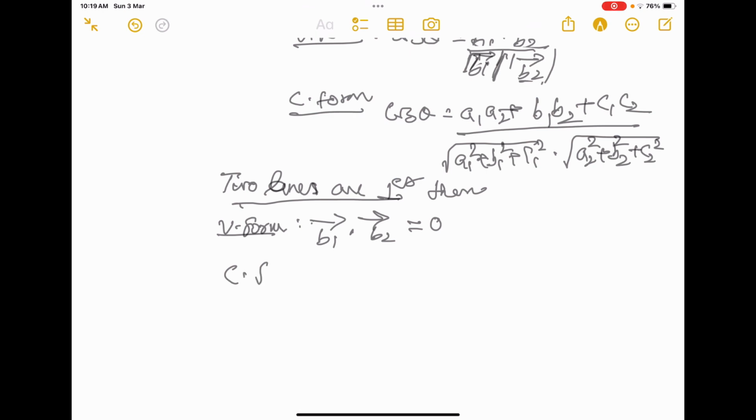And in Cartesian form, a1 a2 plus b1 b2 plus c1 c2 equal to 0.